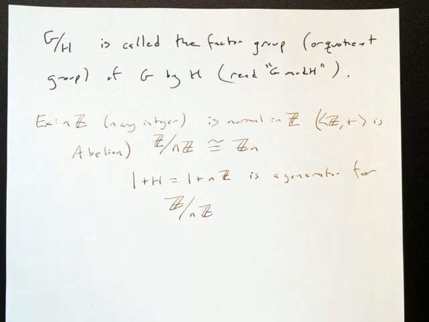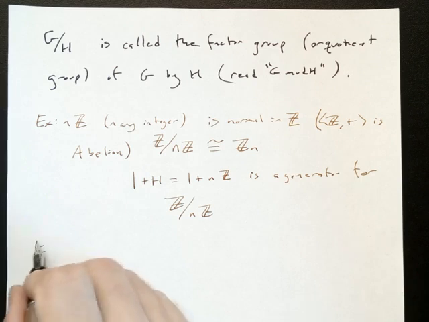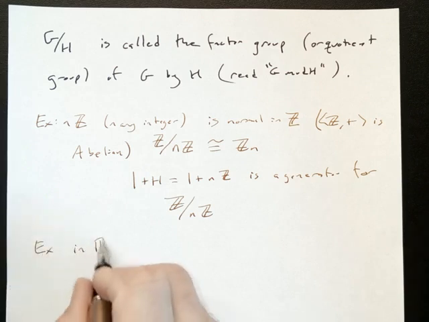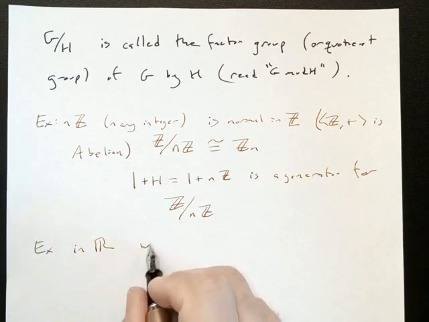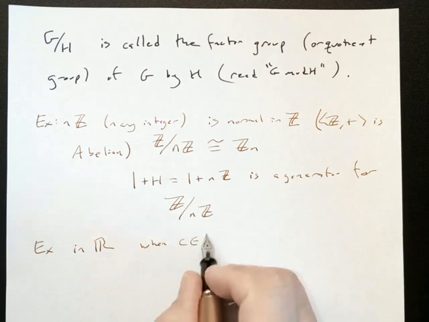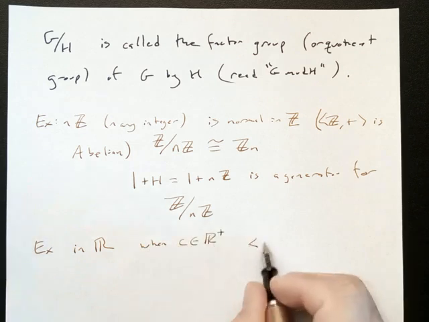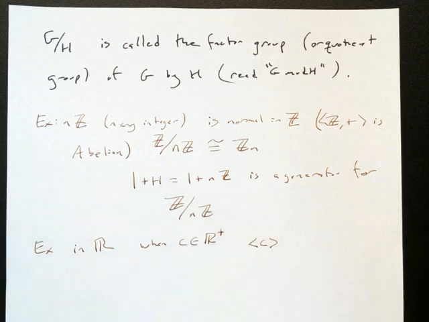Let's move from the integers to the real numbers. The real numbers don't have a generator. They're not a cyclic group, but they are still a group. Let's go with just the general real numbers. But I could make a cyclic subgroup, pick a positive number, and look at the subgroup generated by that.